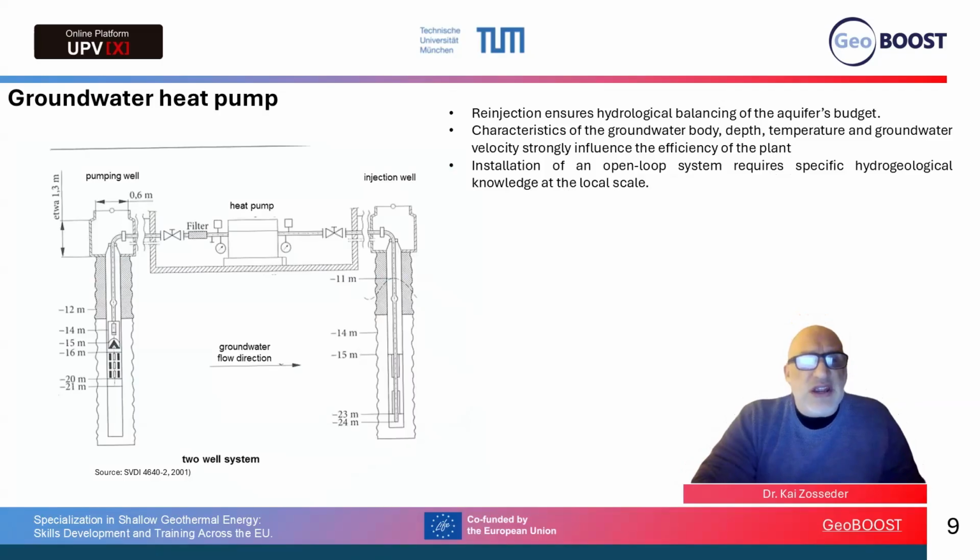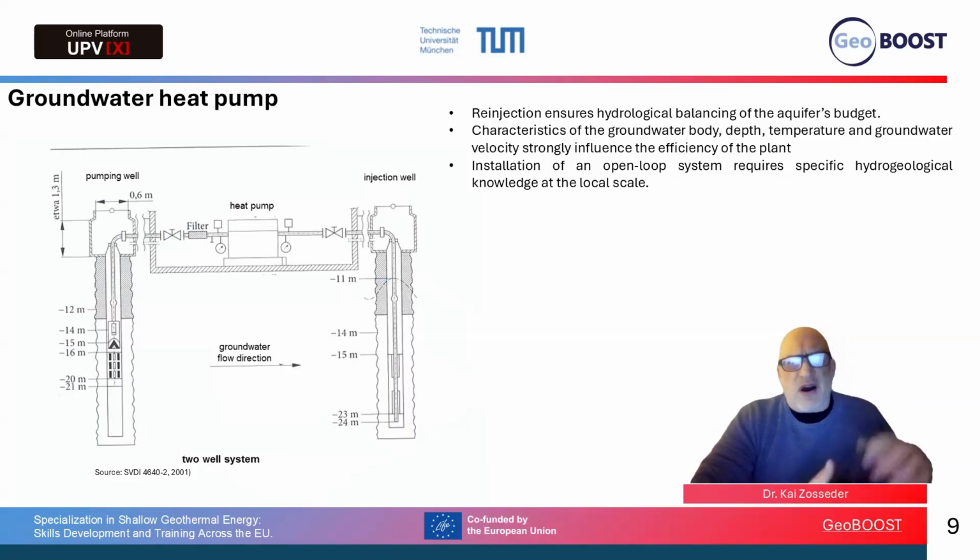So here you see the design of a pumping well and injection well. This is normal, also like a drinking water well. So we have to design it in consideration of the underground parameters like the hydraulic conductivity. If it has a high hydraulic conductivity, then we can pump out a lot more water.